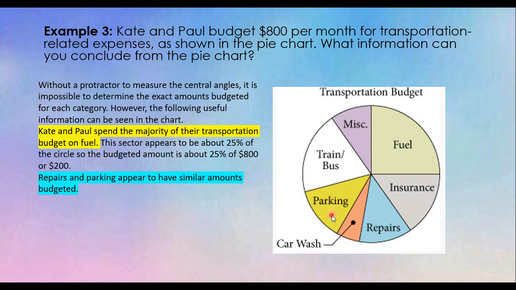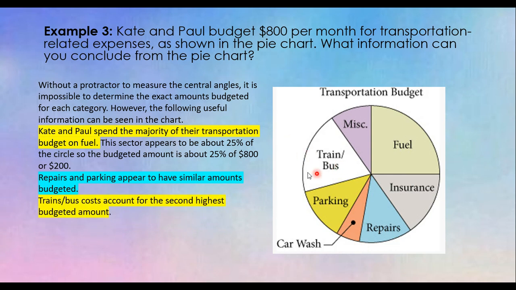It sounds like they live in some sort of metropolitan area if they're traveling by train and bus, but also have to pay for parking, not free parking. That means it's a big city. Like, y'all know, you can't go to San Diego and find parking anywhere. You gotta pay for it, which sucks. But it looks like parking and repairs is also about a quarter of the cost, so that's maybe about $200 of their budget as well.